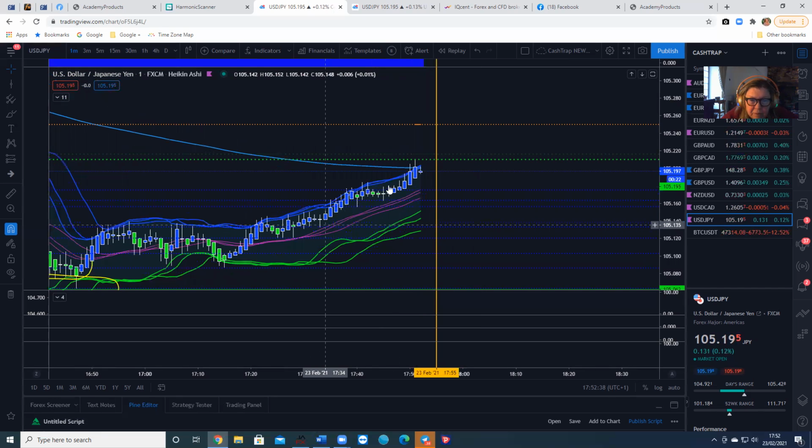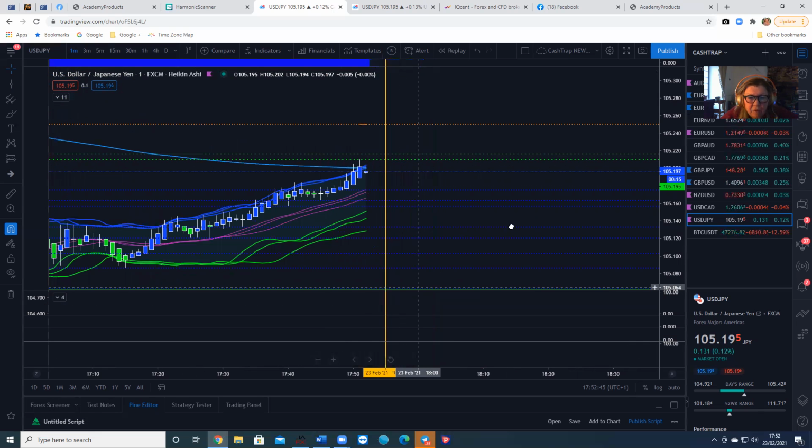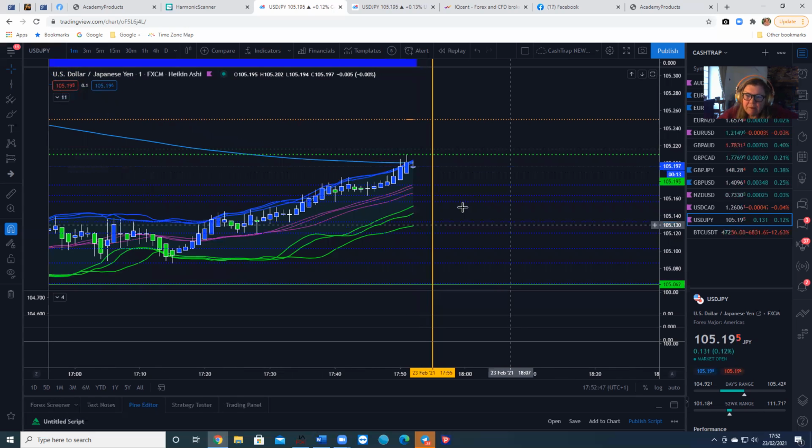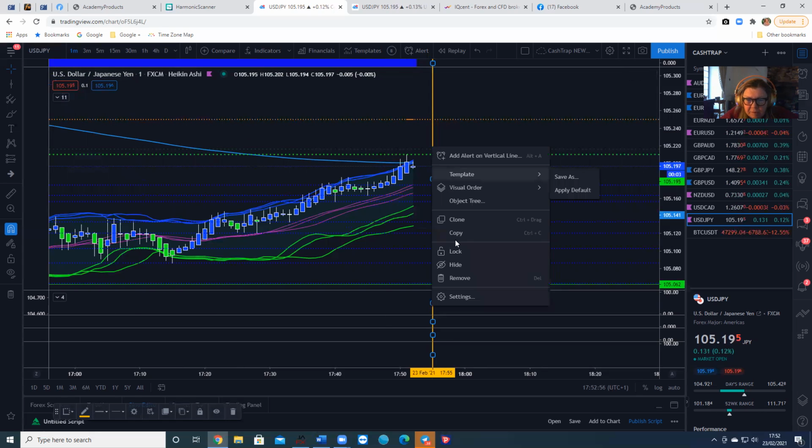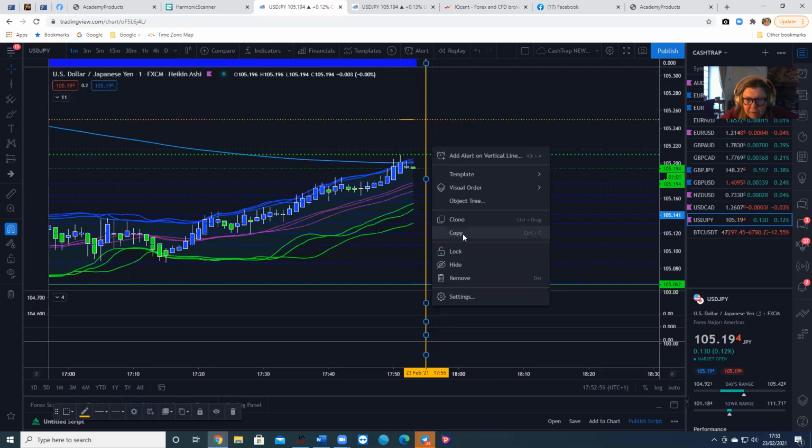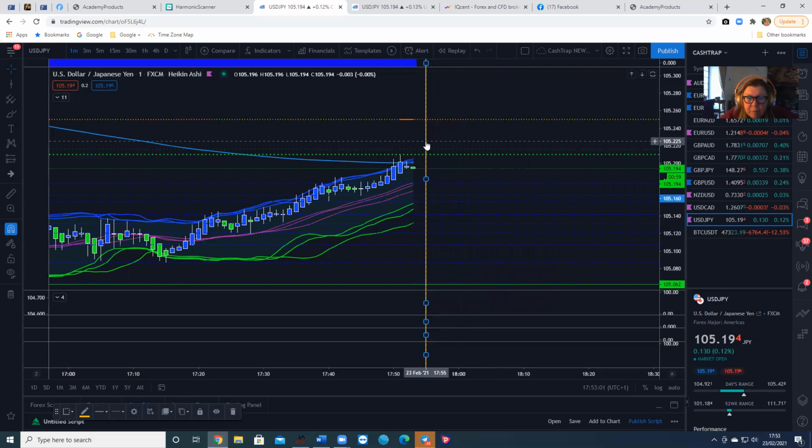We're surfing the Bollinger Band at the top, but it's hitting that 200 moving average and it's wicking off. But we know that the US dollar is stronger than the Japanese yen. We know we're coming up to the hour. And on that basis, I wouldn't necessarily want to take a put.